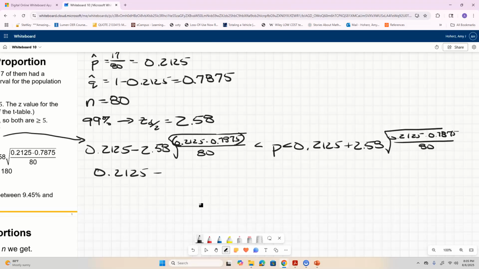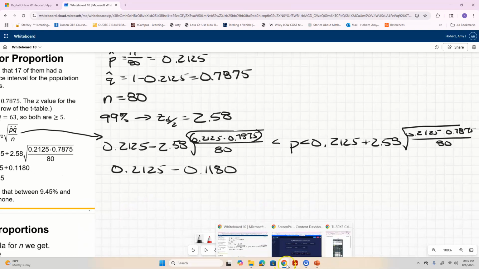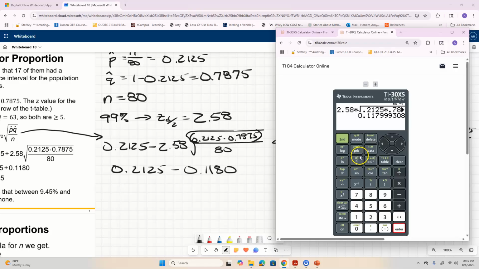So 0.2125 minus 0.1180. Because we want that 79 to round up, we're rounding at the first 9 in 1179, but that 9 has another 9 after it, so we want to round that up. So the 79 becomes 80.